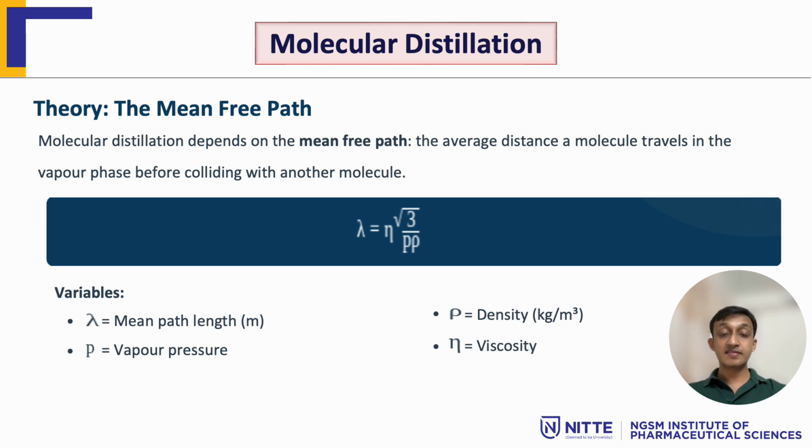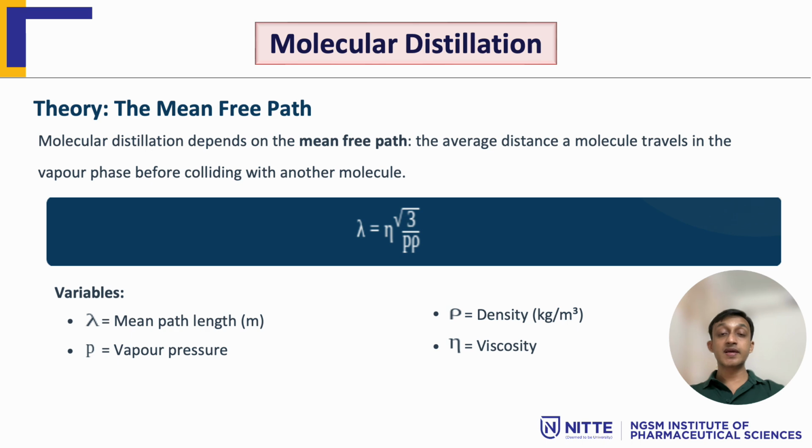In conventional distillation, the separation depends on repeated vaporization and condensation cycles. However, in molecular distillation, the process is designed to avoid bulk boiling altogether. Instead, molecules escape directly from the liquid surface into the vapor phase and travel towards a condenser.